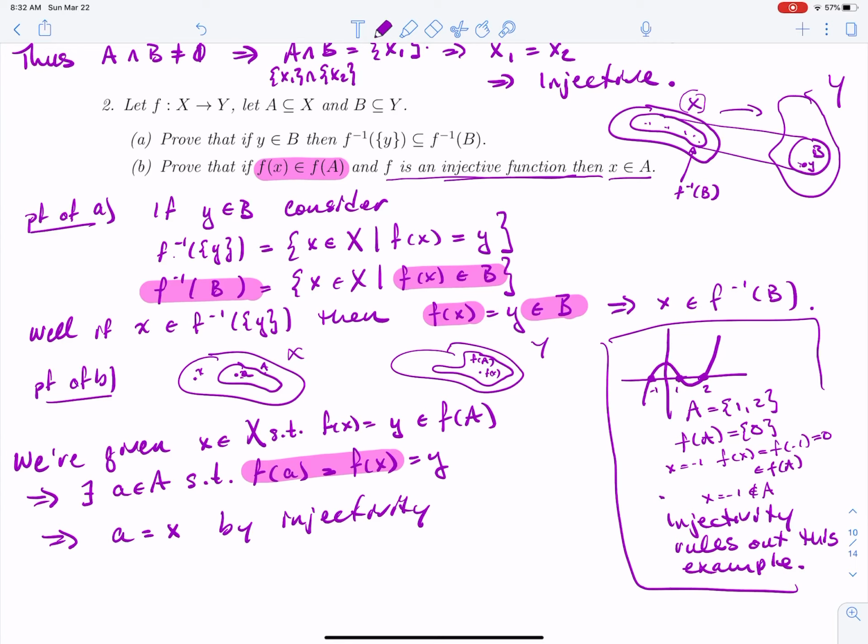Now, since a is equal to x, that tells me that x, which is equal to a, must be sitting inside of A because little a was already in A. And that tells me that our original x was contained in A, which was the hypothesis I was after. So if f of x is contained in f of A and f is injective, then x is in A. Yay.